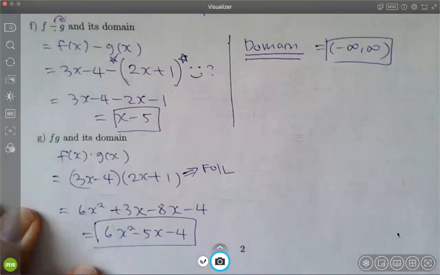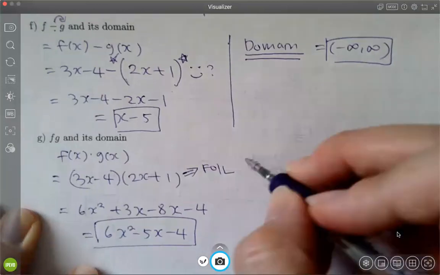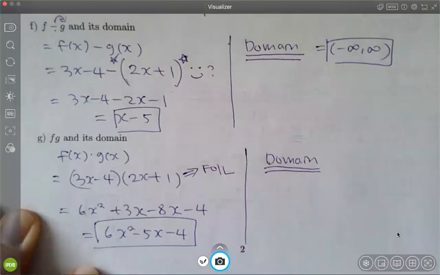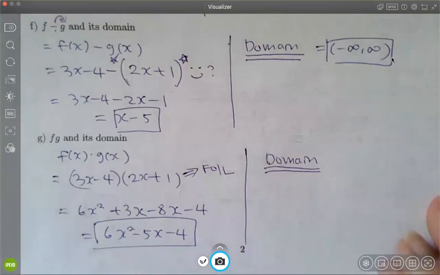Okay, so now, what is the domain of this rather complicated looking function?